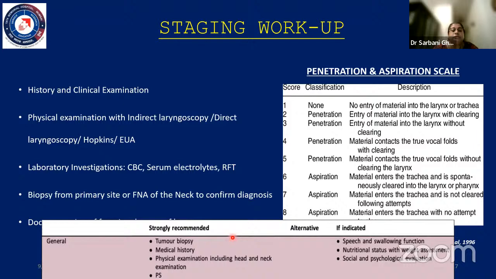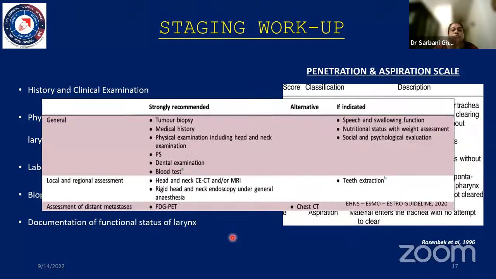In addition to this, if you look at the ESMO guidelines and day-to-day practice, you need to assess the disease status both locally and regionally. Here, the first step would usually be a contrast enhanced CT scan of the neck and/or an MRI.